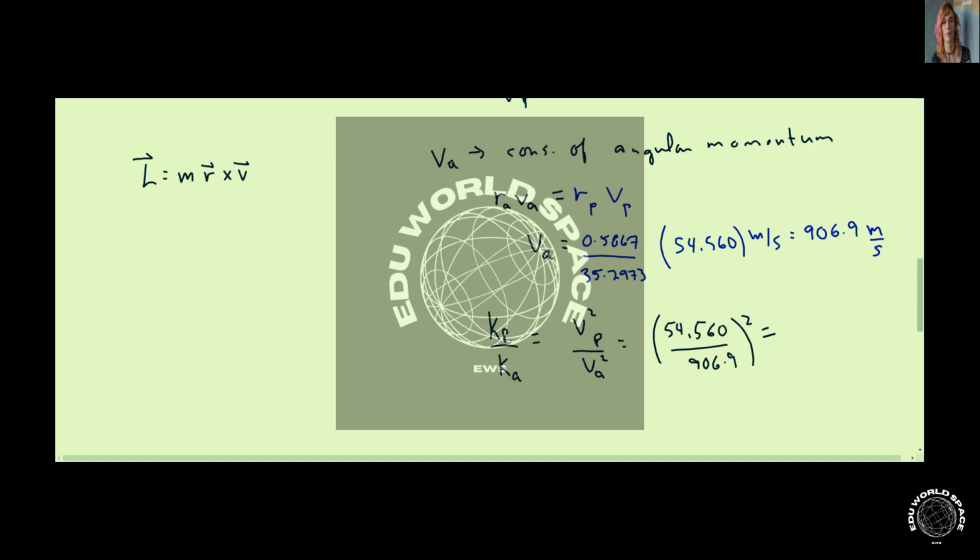And yeah, we find that the kinetic energy at perihelion is thousands of times more than it is at aphelion. And of course, that kinetic energy came from converting gravitational potential energy way far away to the kinetic energy close up.